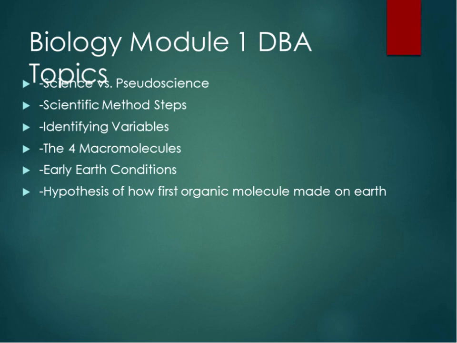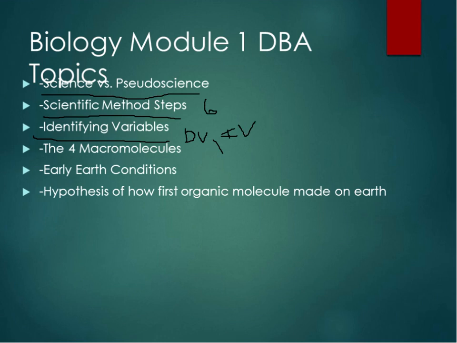All right, so for biology module 1, here are your topics. We're going to talk about these in the next couple slides. You got to know science versus pseudoscience. You got to know the steps of the scientific method. There are 6 of them. Those were live lesson 2 weeks ago. You need to know how to identify variables, the dependent variable and the independent variable at least, for sure.